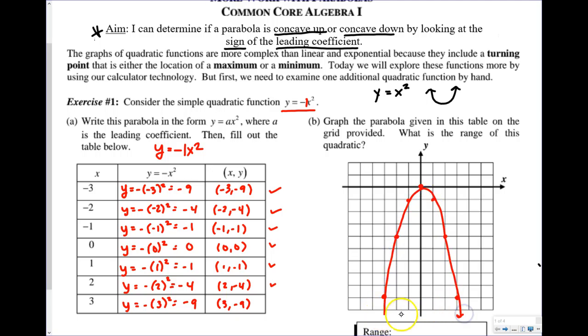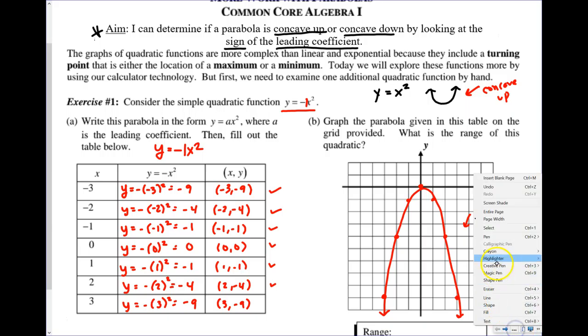And the only difference with this curve is look how it's facing. Do you see how on this one right here is going up? Well, we call this concave up. So what do you think we call this kind of shape? We call it concave down. And what's the major difference between these two graphs? The negative.